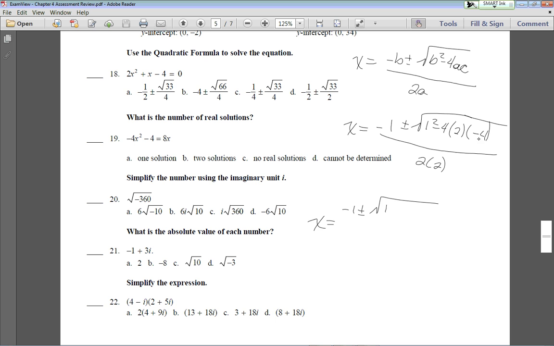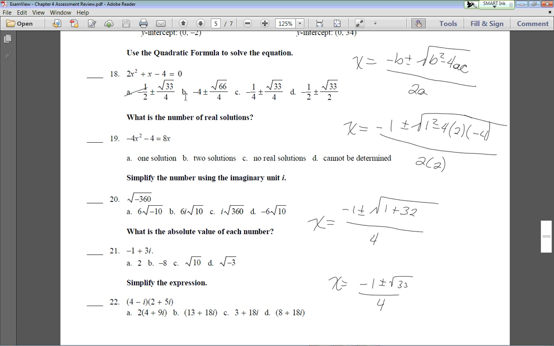And then negative 4 times negative 4 is positive 16. 16 times 2 is the positive 32, all divided by 4. So this is going to be x equals negative 1 plus or minus the square root of 33, all divided by 4.